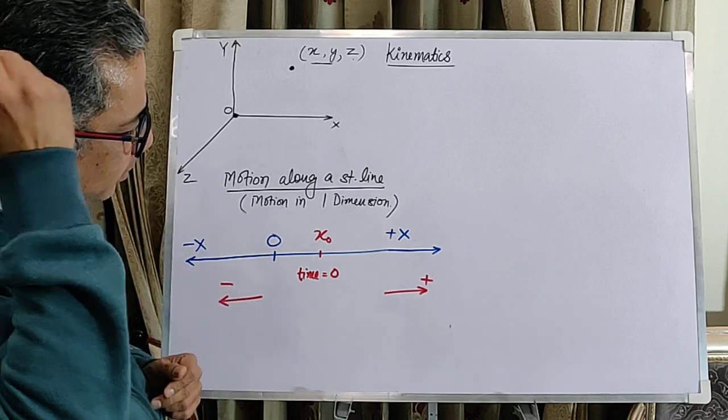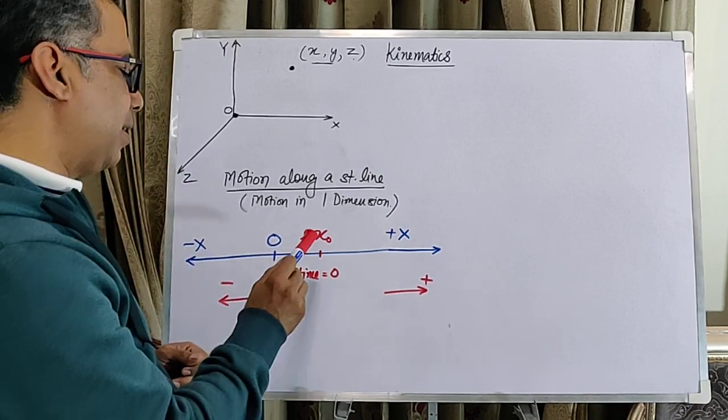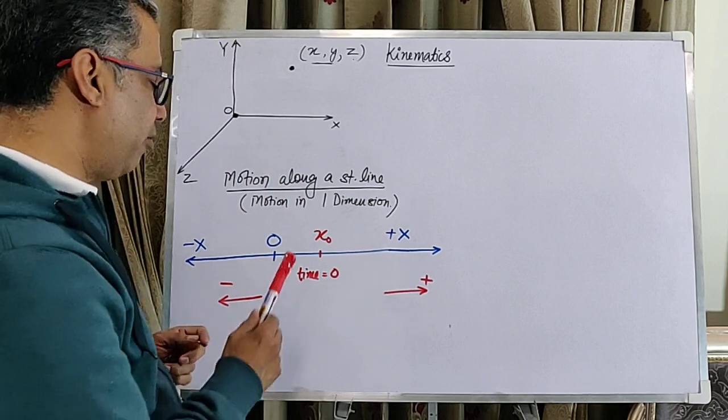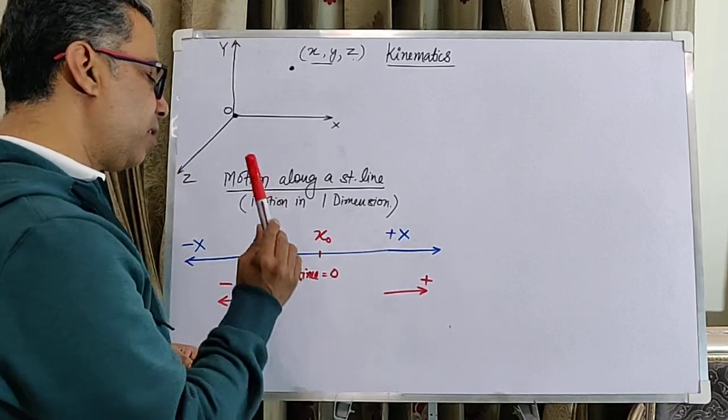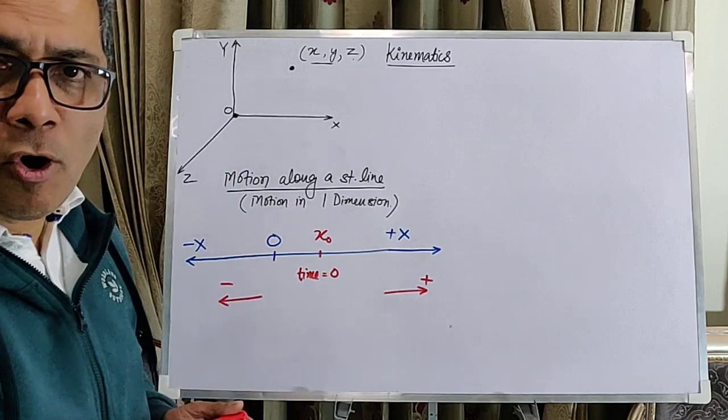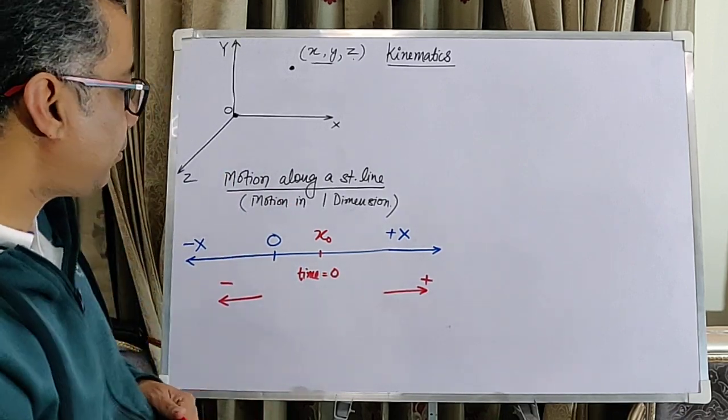Now let's make an assumption that when we started our study of motion, the object was at x0, and that's when we turned on the stopwatch.